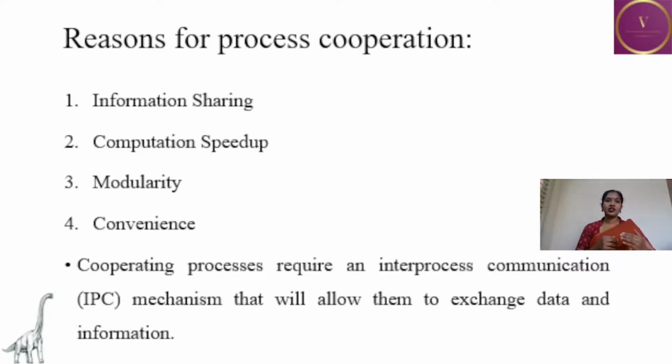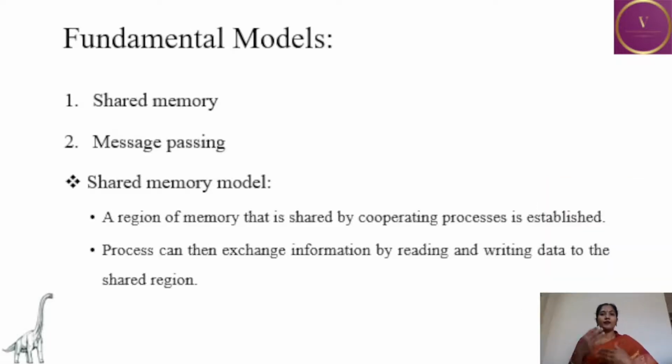So far these are the main reasons why we go for process cooperation, and now let us see how process cooperation is achieved. Cooperating processes require an interprocess communication mechanism that will allow them to exchange data and information. So when processes need to cooperate with each other, they have to communicate with each other.